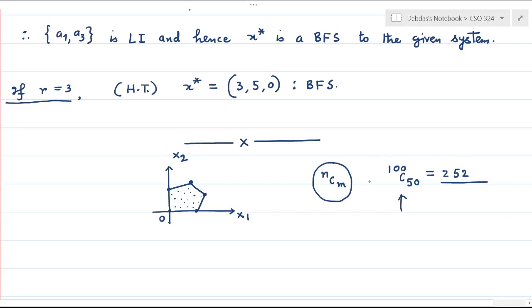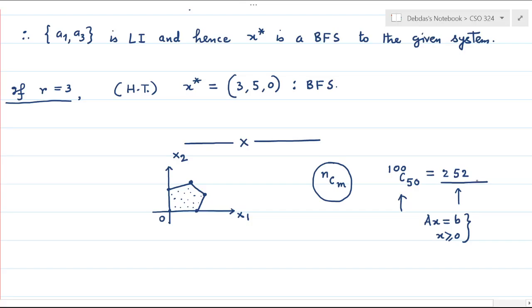As there are a very large number of basic feasible solutions, it is not practically possible to find all the nCm solutions, at maximum, to the linear equations Ax equals b, then find the objective function value at all these basic feasible solutions, and then find the optimum solution.